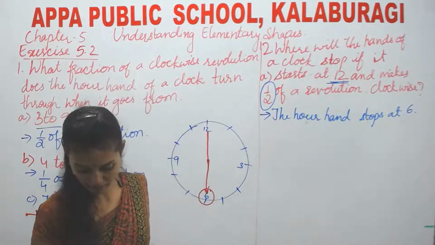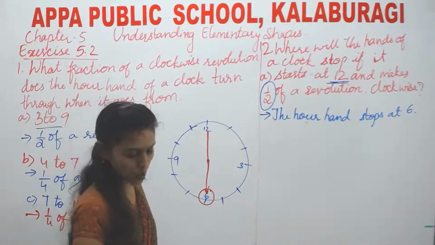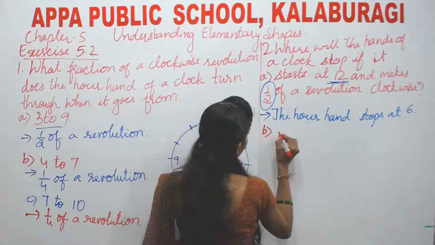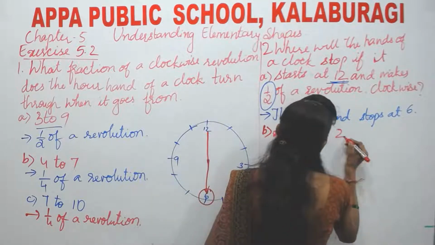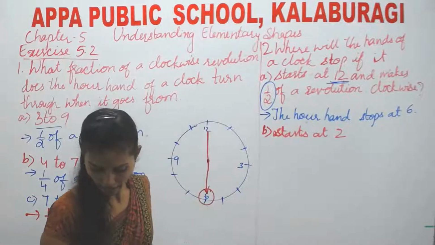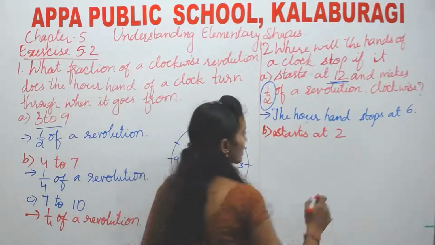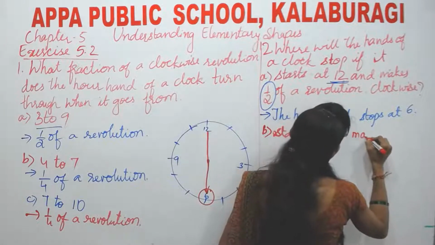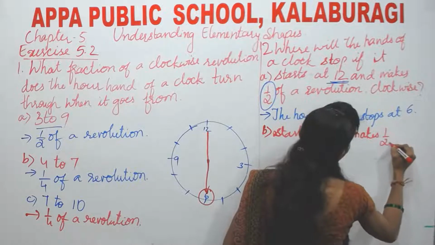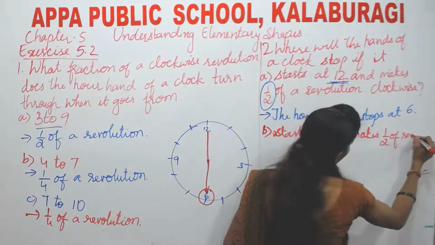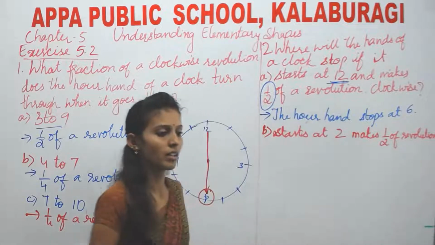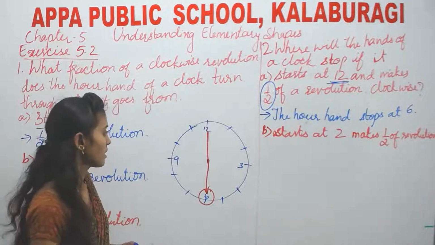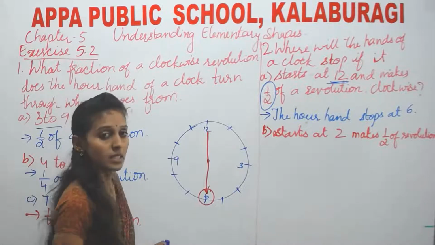Next, B1 starts at 2 and makes a half of a revolution again. Makes half of a revolution. Come on, see here. Starts from 2.